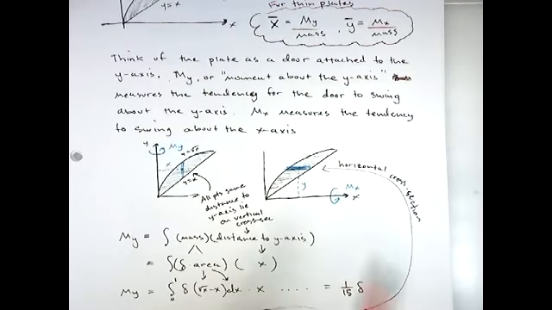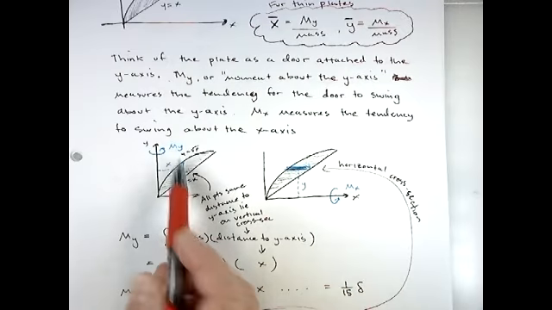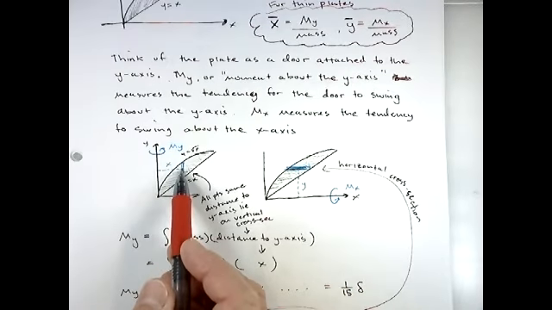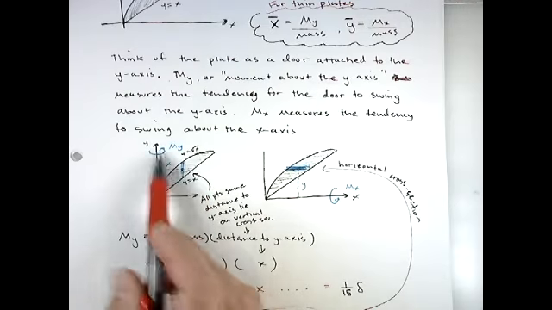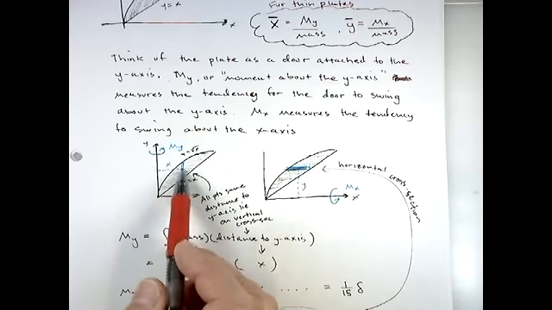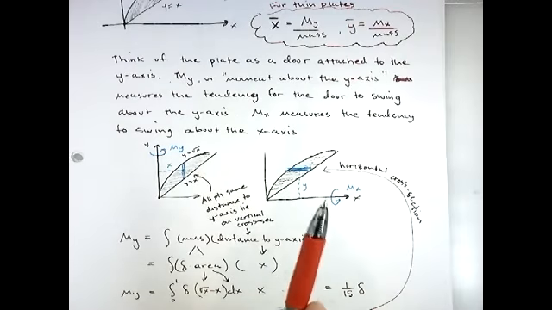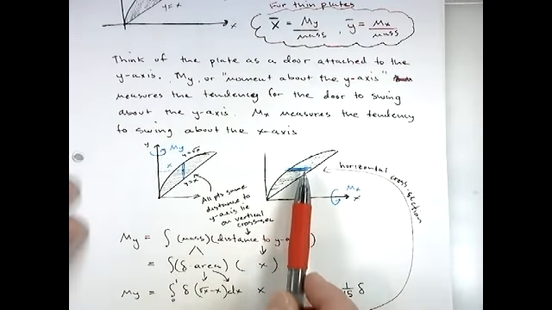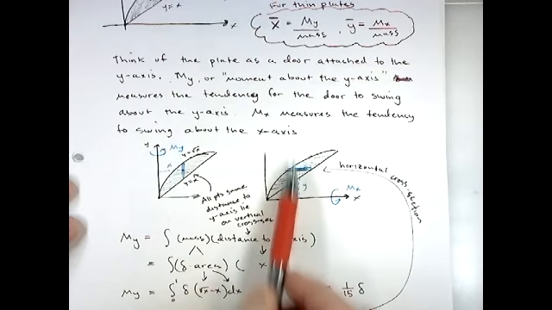The moment about the y-axis, remember, is related to x bar. This is going to tell you how far from the y-axis you would need to place your finger to have this plate balance perfectly. And then we're going to switch it up to find y bar, how high you would need to place your finger to get this thing to balance.